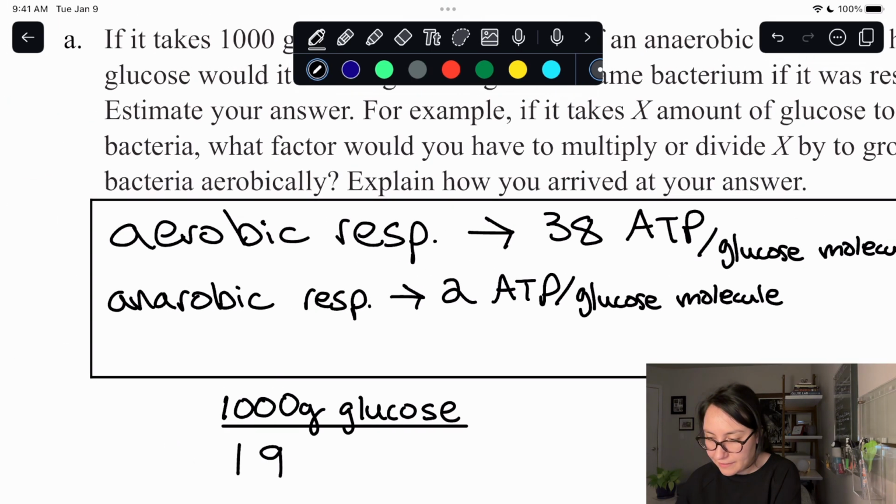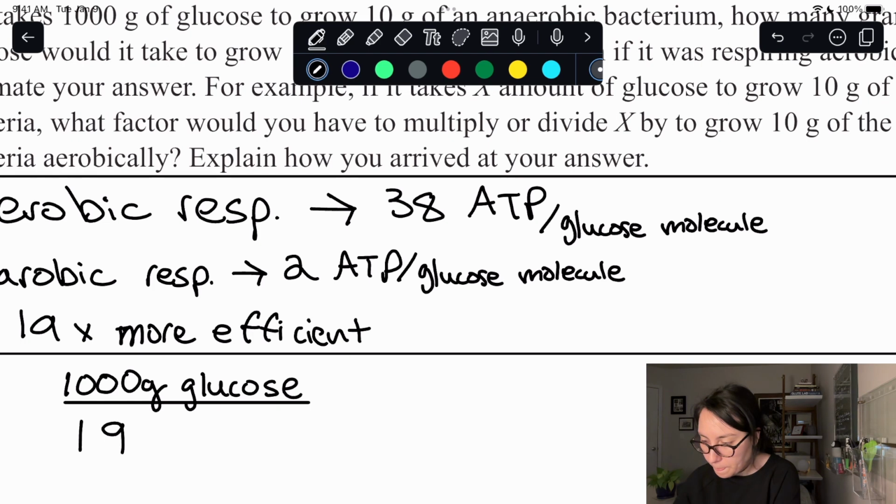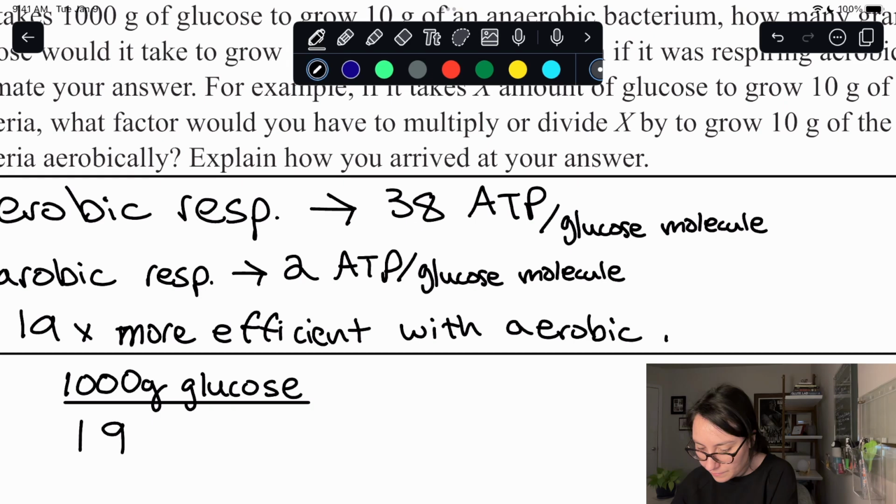And the reason why it's 19 is because it is 19 times more efficient with aerobic respiration.